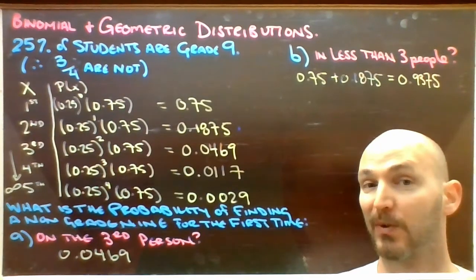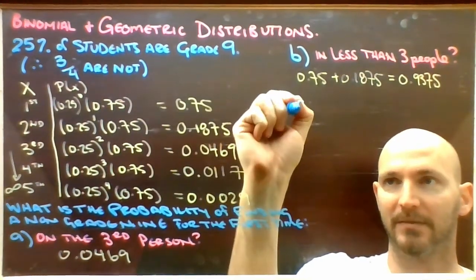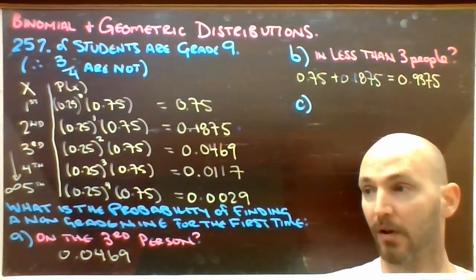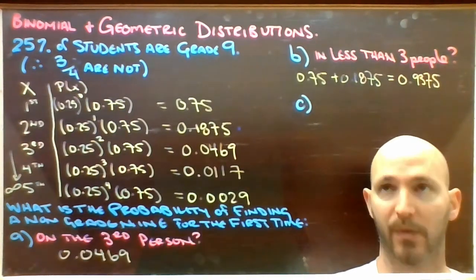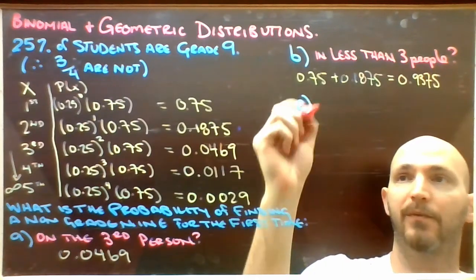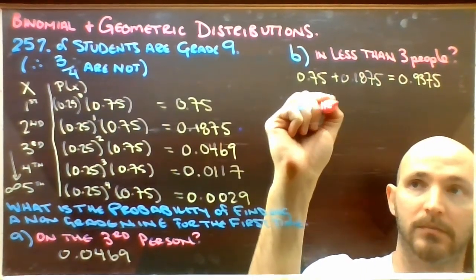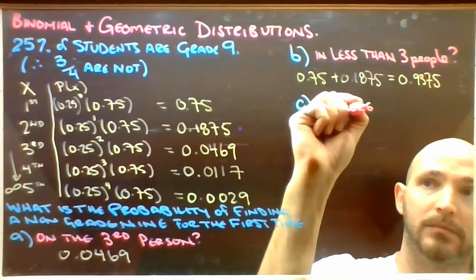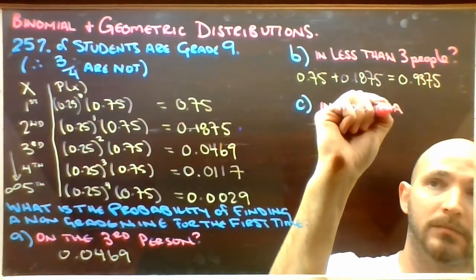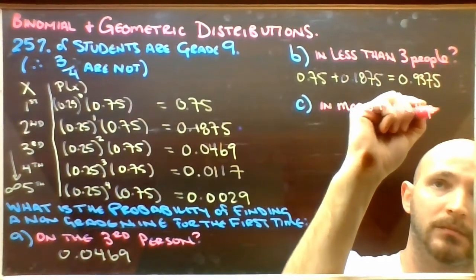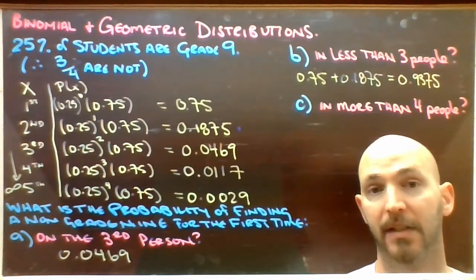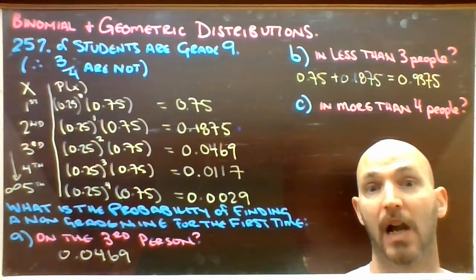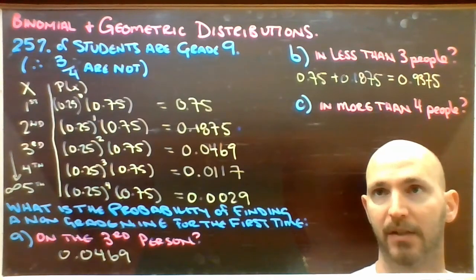Perhaps you can intuit what the next type of question was. What is the probability of finding a non-grade 9 for the first time in more than 4? So what is the probability that it takes you more than 4 tries in order to find someone who is not in grade 9?